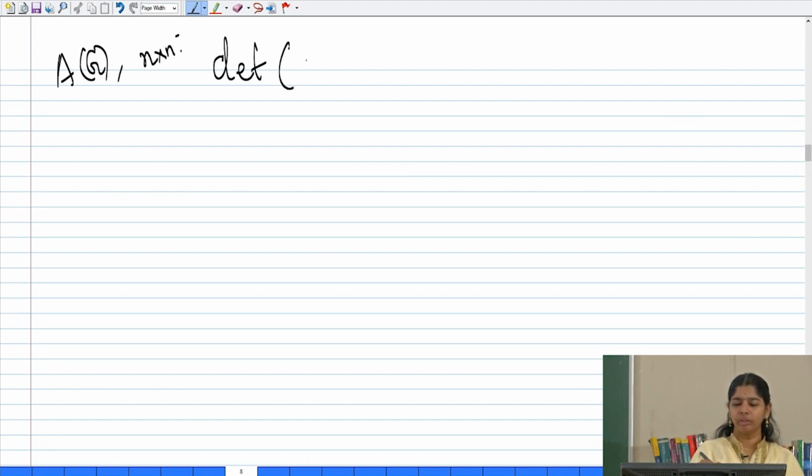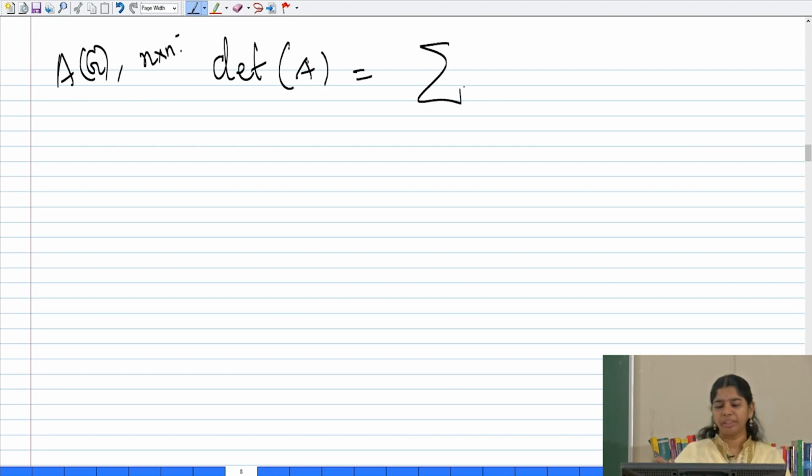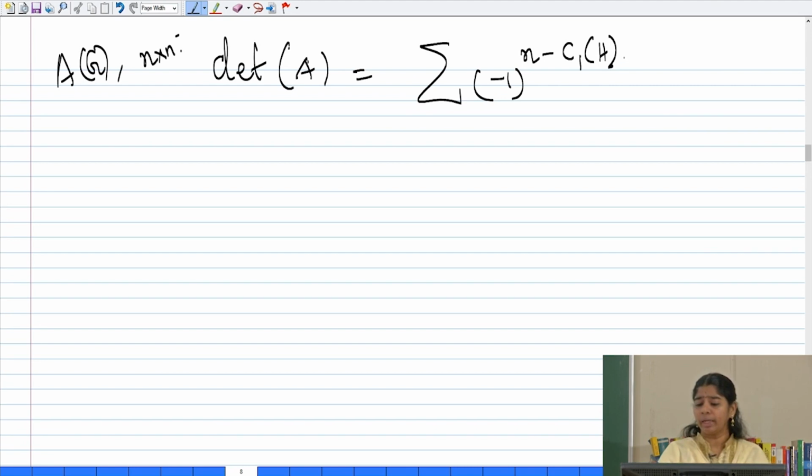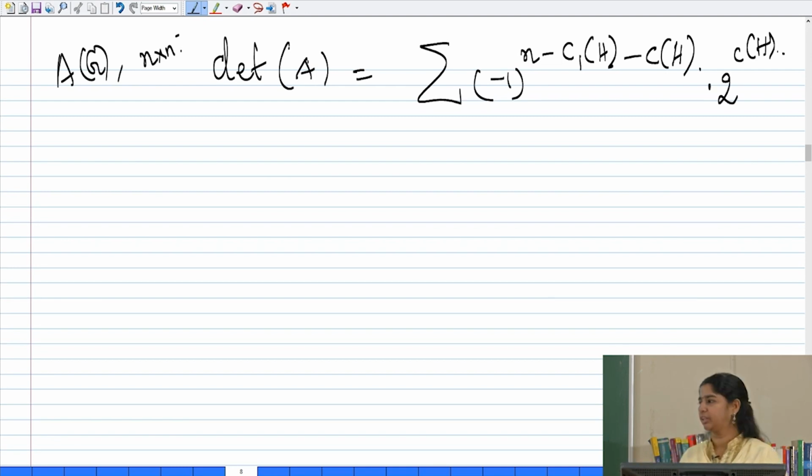So, the determinant of this matrix, A minus lambda I, or determinant of A, is the summation over minus 1 to the power of n minus C1 of H, the number of edges as components in H, minus C of H, the number of cycles as components in H, into 2 to the power of C of H. That is the number of cycles that is possible.